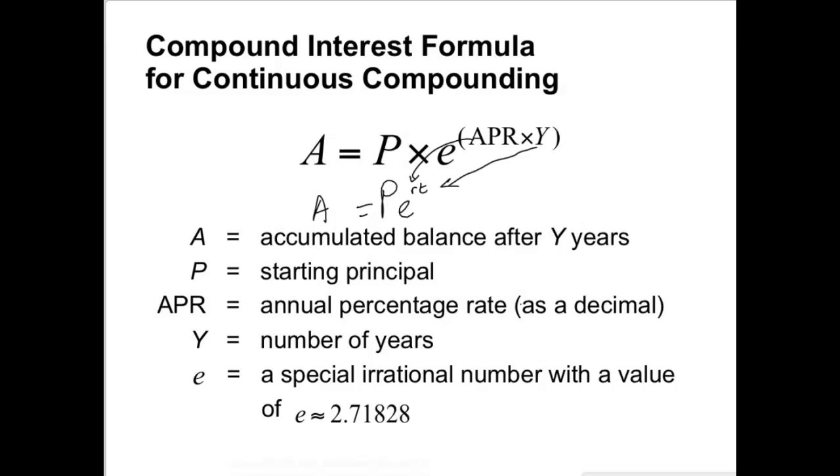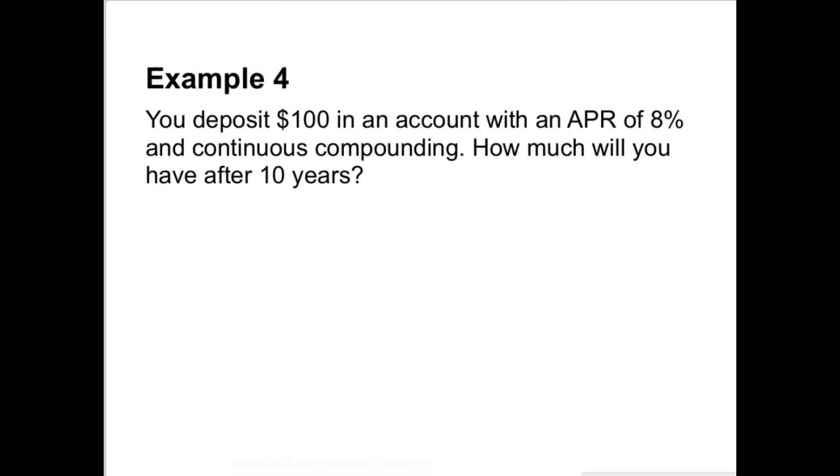All right, so let's do an example where you would use the PERT formula. You deposit $100 in an account with an APR of 8% and continuous compounding. There's your keywords. You have to know that it's compounding continuously to be able to use the PERT formula. Once you see that, you immediately default to the PERT formula. How much do you have after 10 years?